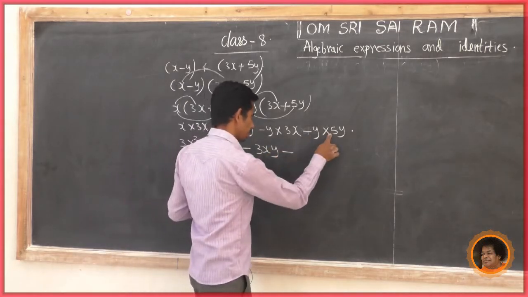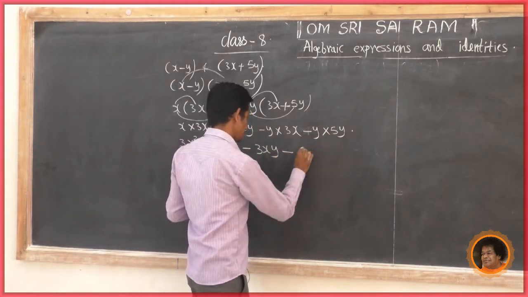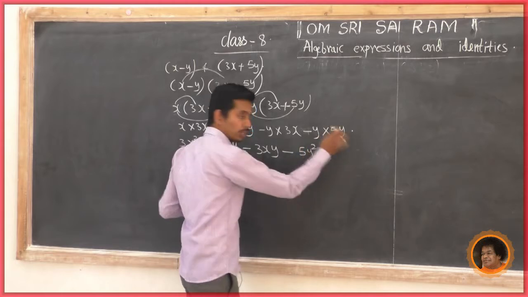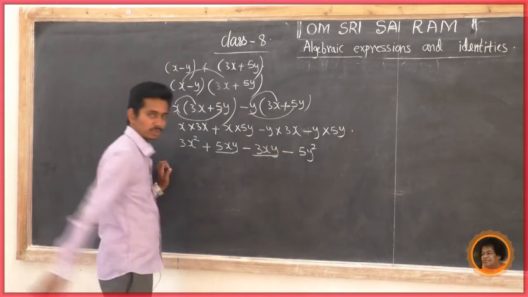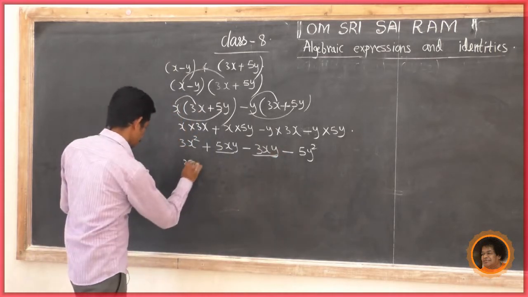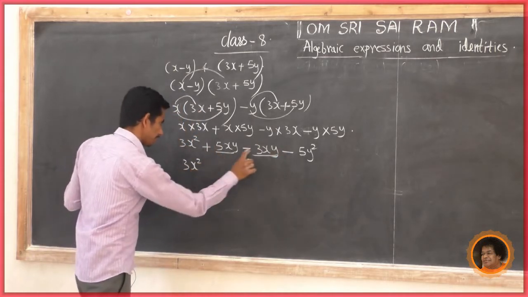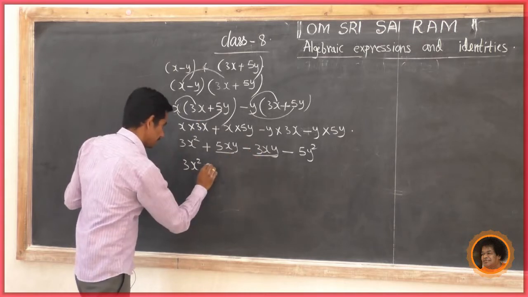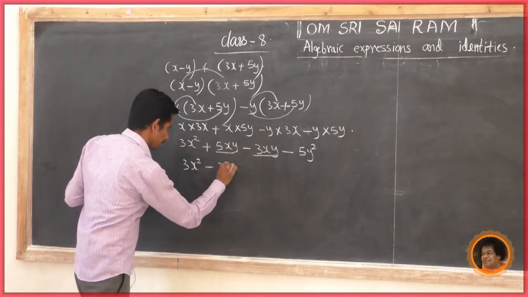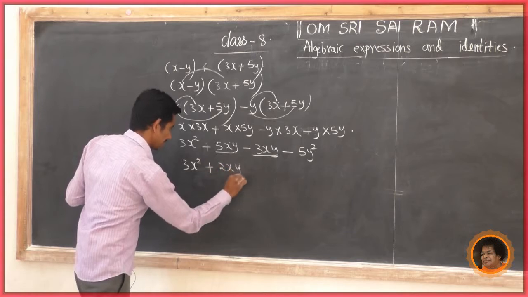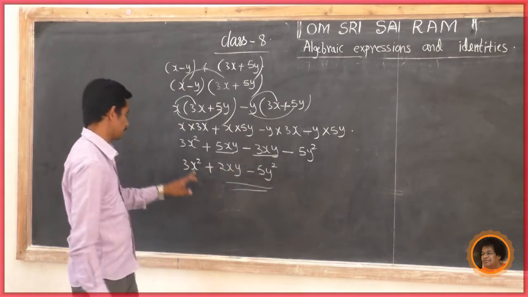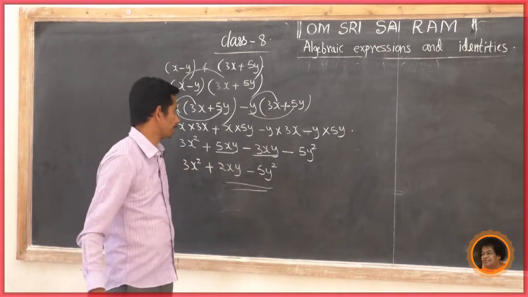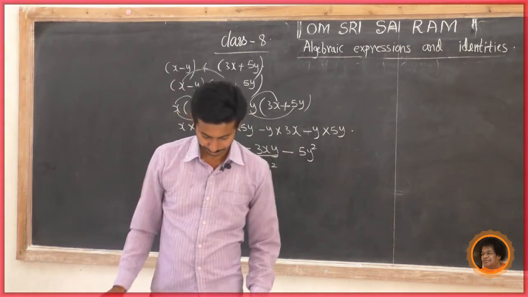Here it is minus into plus, so minus 5y squared, because y into y is y squared. Now 5xy and minus 3xy both are like terms, so 5xy minus 3xy becomes plus 2xy, minus 5y squared. So 3x squared plus 2xy minus 5y squared.